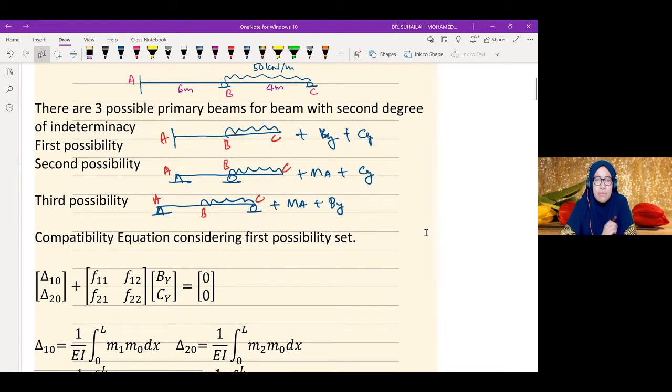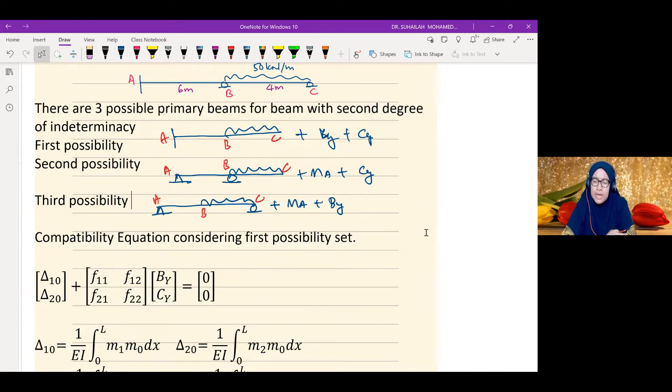For the possible primary structure, we have to remove two. So if we want to have a cantilever beam, we have to remove BY and CY. So that is the first possibility.